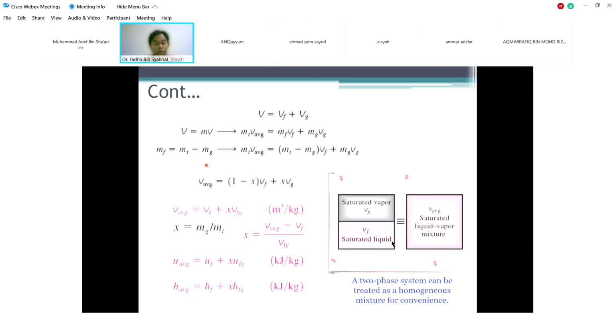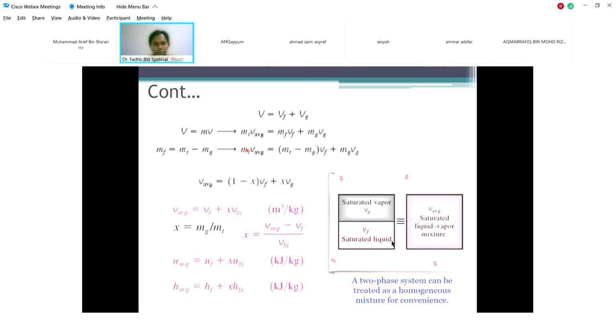Total mass is a combination of the mass of the liquid and the mass of the gas. If we rearrange the equation, it becomes mf equal to mt minus mg. So we replace this mt minus mg into our second equation, and we get the next equation.